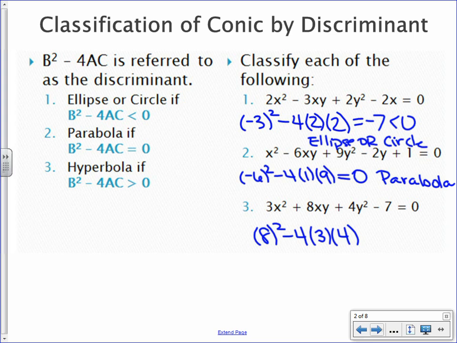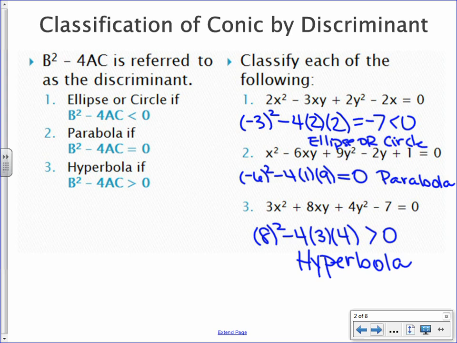So 64 minus 48 is positive, right? Which means we have a hyperbola. It will be important for us to identify what we have before we do the algebra.